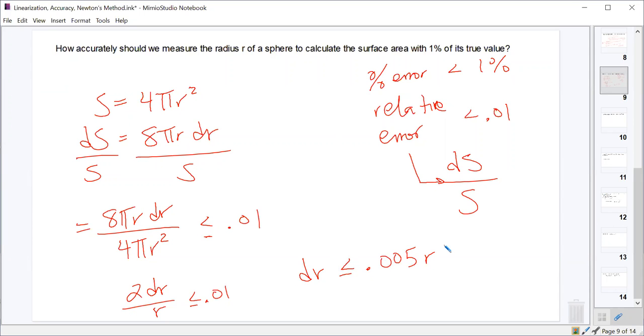So the relative error on the radius would need to be 0.005 of the actual radius, or 0.5% of the true value of r.